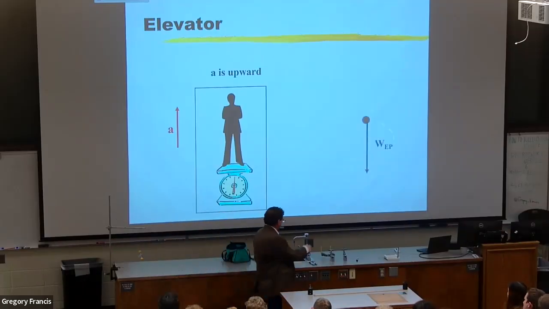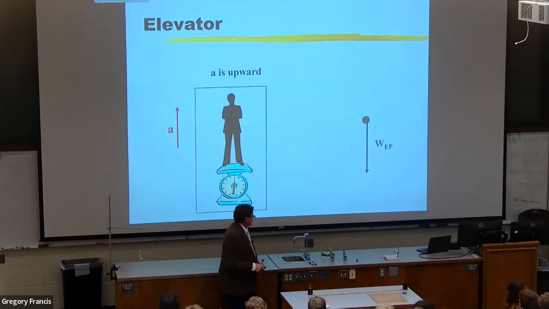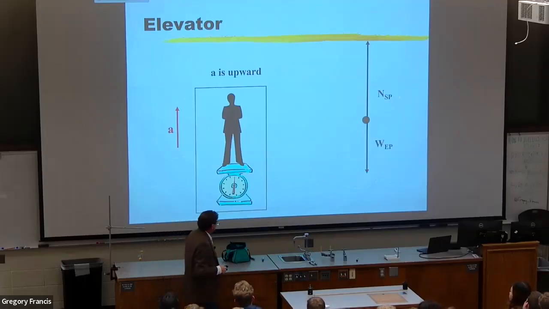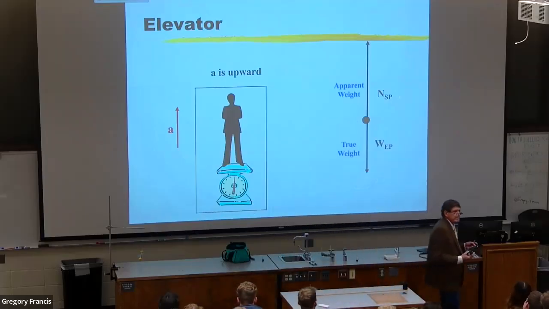Your free body diagram is going to have the true weight of 175 pounds, but the normal force by the scale has to be bigger than 175 pounds to make this diagram scream up. And so that means your apparent weight is bigger than your true weight.